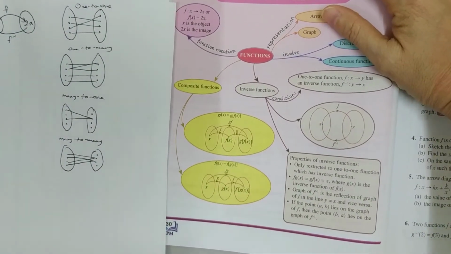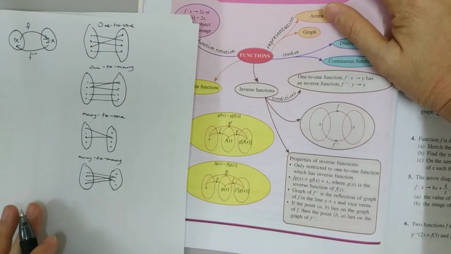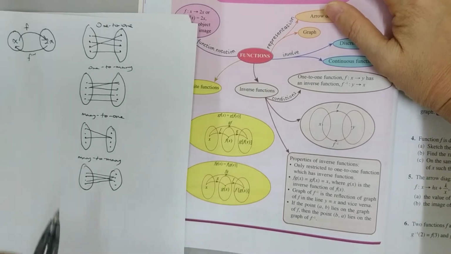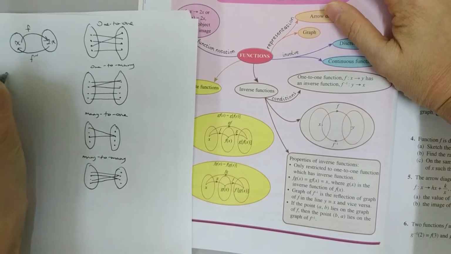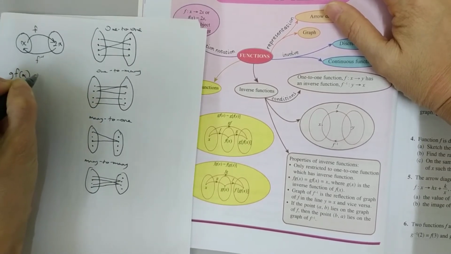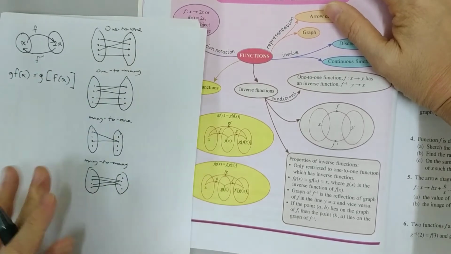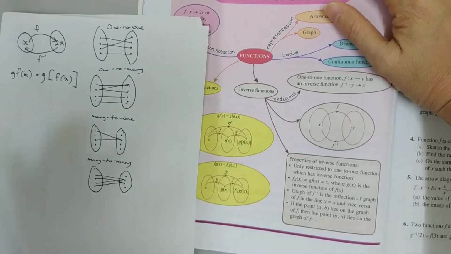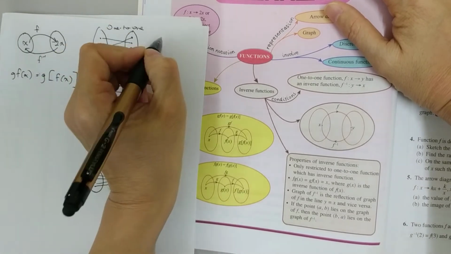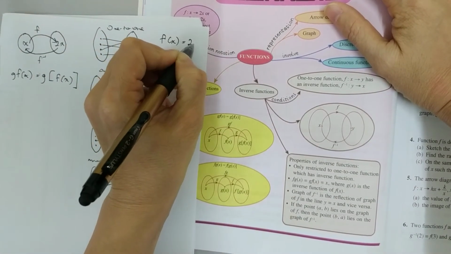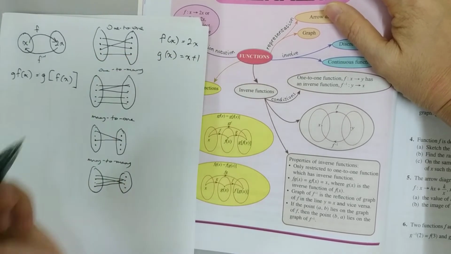Okay, so I've already explained inverse functions, which is your f⁻¹. Right, and then for composite functions, if you have gf(x), then you will have g in terms of f(x). Let's use this: f(x) = 2x, and let's say g(x) = x + 1.